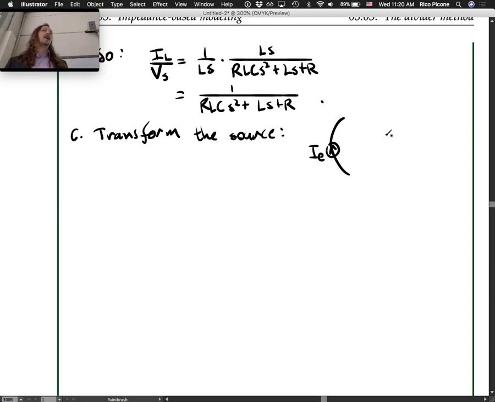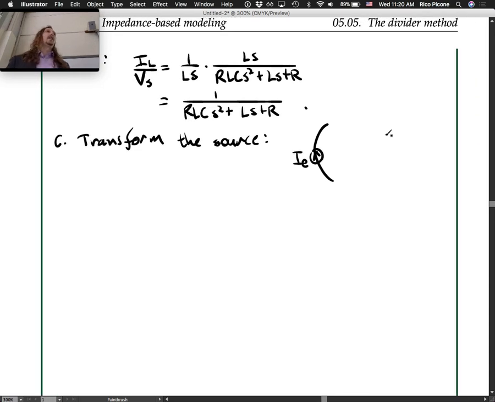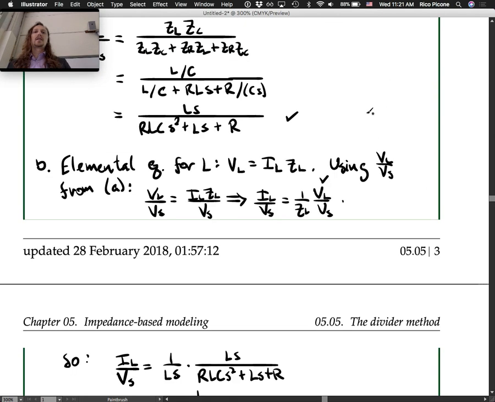We're just saying, oh, you can turn a voltage source in series with an impedance into a current source in parallel with it. And so we are going to use it for just a moment. In parallel, I should say, with R. And then we still have the rest of the circuit, right?